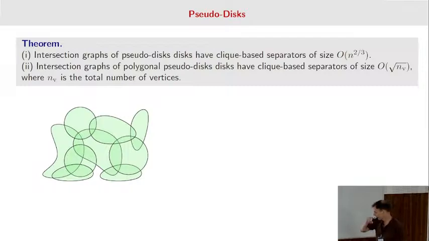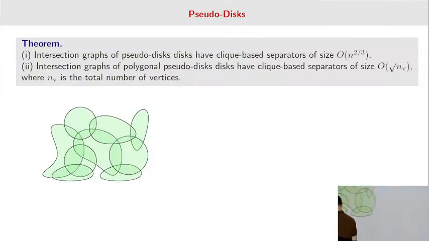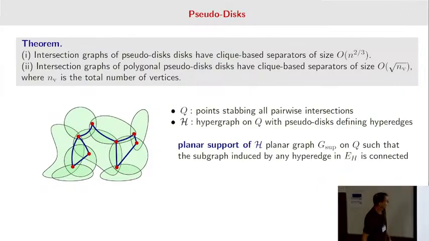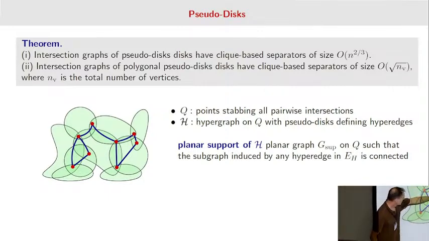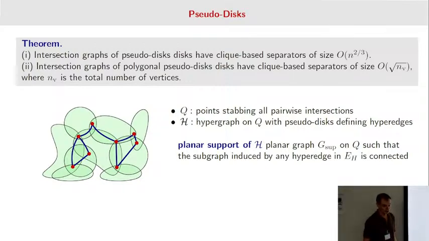And the way we prove it is we take a set of points that stabs all the pairwise intersections. So it's a little bit like what we did before with this witness set.